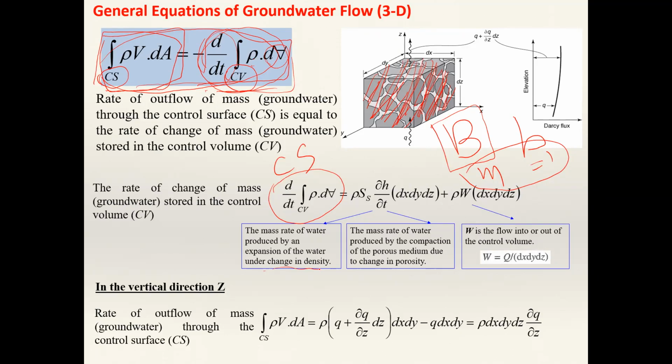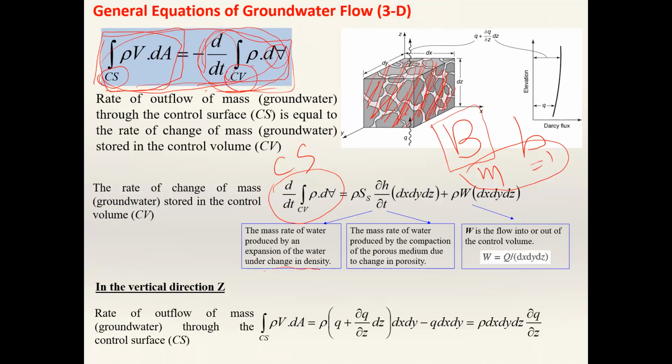Now, if you pump this water out, this compressibility can change, right? Because of that, the density also can change. When the density changes, then the mass rate of the water can change. So that is one way of changing the mass inside the control volume.